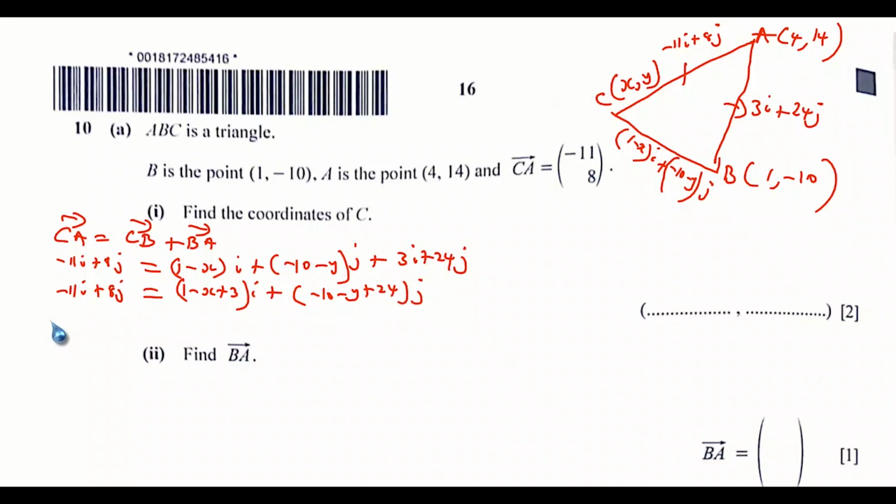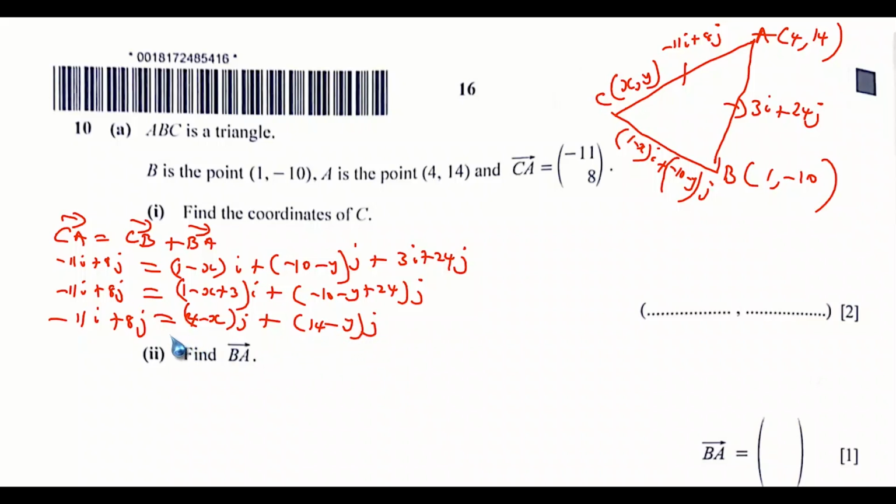So this will give us minus 11i plus 8j equals 4 minus x into i, plus 14 minus y into j if you simplify that.